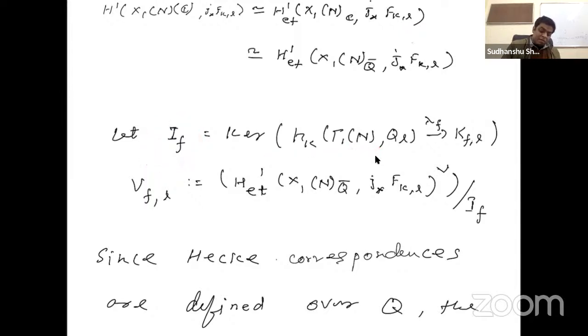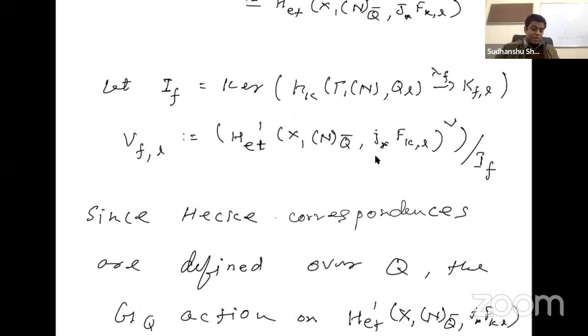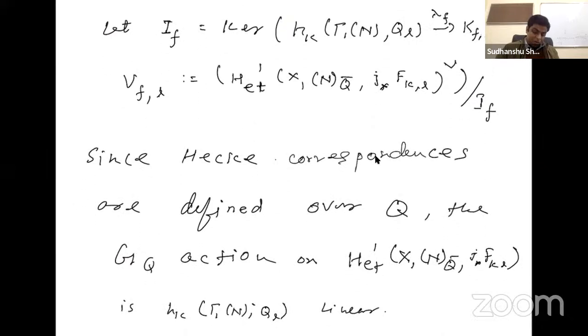So we have this Hecke module and also a Galois module, because on the étale cohomology group the Galois group acts, and the actions commute with each other. So I can go modulo this ideal, and this will remain a Galois module. This VFI is actually the Galois representation associated to the modular form.